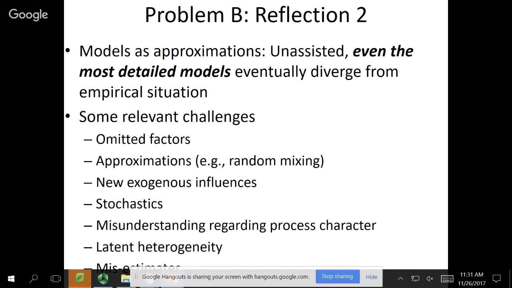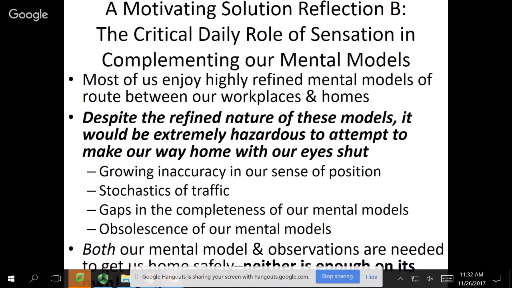We could have the most reasonable model in the world, but it's not going to be able to anticipate which way a stochastic process will change. There's also misestimates, latent heterogeneity, etc. Lots of things that even in the best of models lead it to eventually diverge from observations in the world.